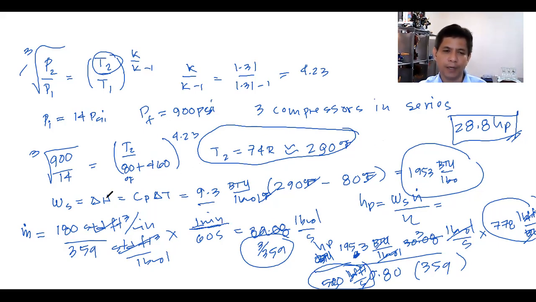So babalikan nyo pa, ikasa-substitute dito. Kukunin nyo itong horsepower na to, ibabalik nyo pa dito. Pero yung sa libro, kay McCabe, hanggang dito lang. Hindi naman kasi kailangan talaga yung actual temperature.